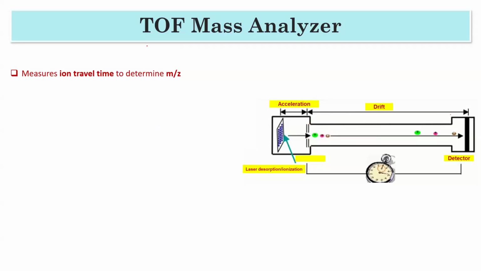TOF is used for proteins and biomolecules, with the same principle. It measures ion travel time and then determines the m by z. I will show the equation actually. It is very fast and sensitive. It can detect molecules in solution, even if it is just 5 femtomolar of peptides, for example.